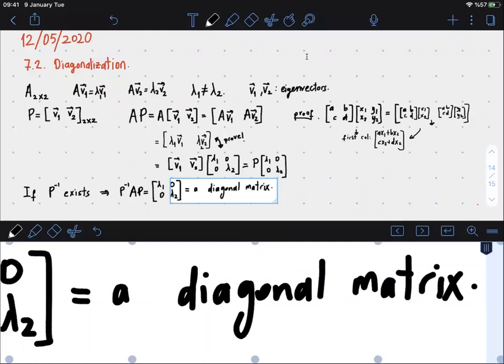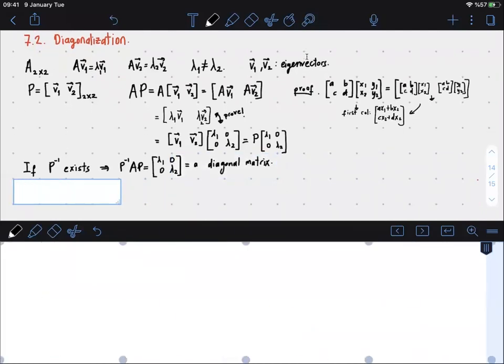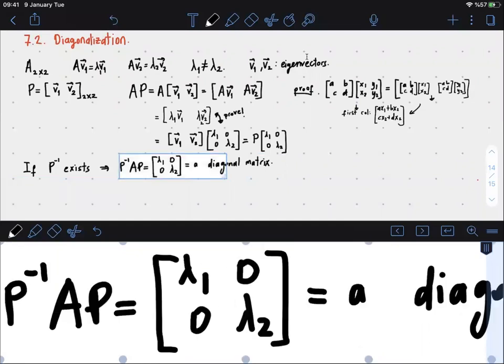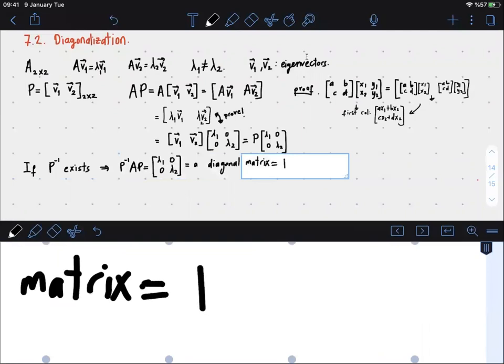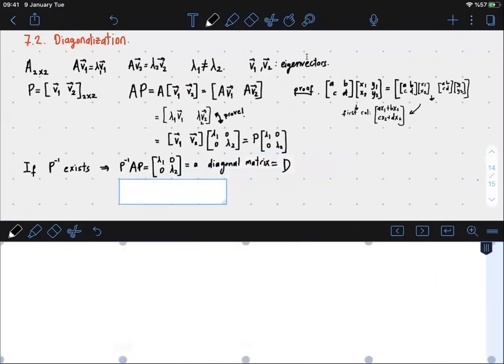Is this okay? Very good. This is a diagonal matrix. Now, what is the use for this? Well, one use is this. Let's give the name D to it. So this shows that P inverse A P equals D. Let me do it slowly.